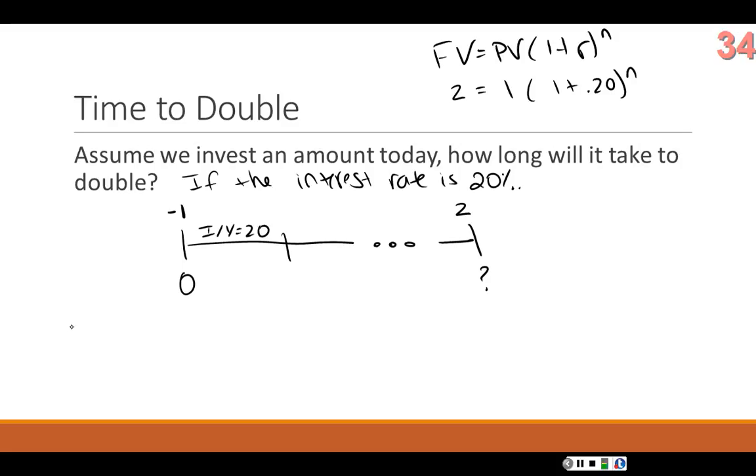So with our financial calculator, we know the future value is $2. The present value, remember how our calculator works problems, either the present value or the future value is going to have to be negative, so we put cash outflows as negative. So the present value is a -1. And the interest rate is 20%.